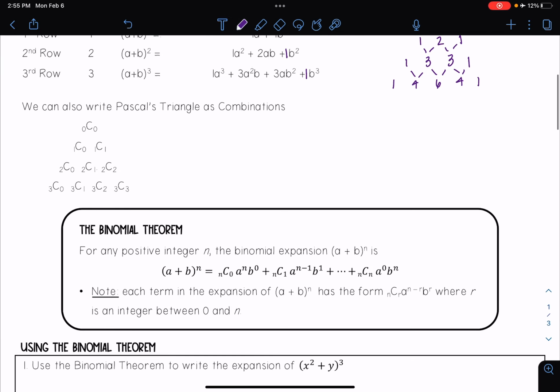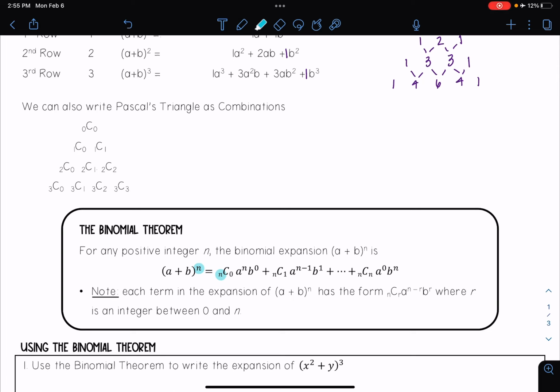And that says for any positive integer n, the binomial expansion a plus b to the n power is equal to this long thing. So we start with our power, so n c0. So our power that we're raising our binomial goes there. And we start with 0 for our combination. A is raised to that power that we are taking, and b is raised to 0.